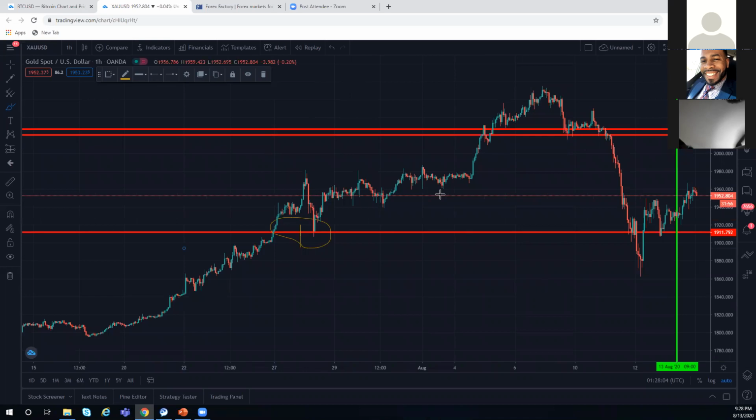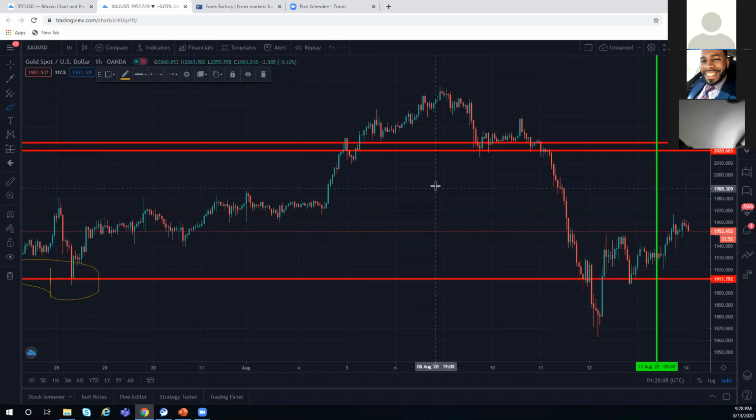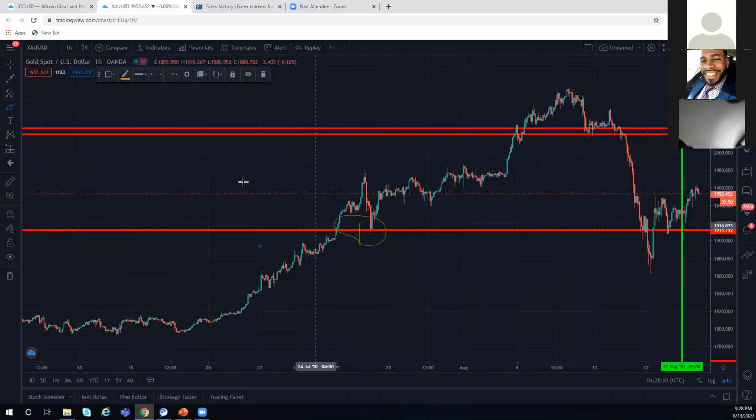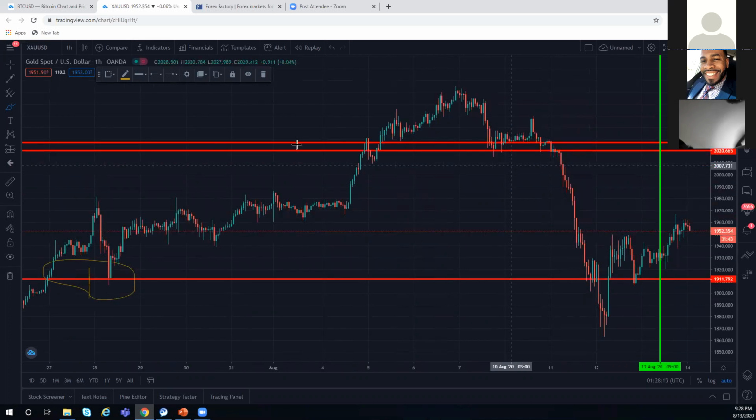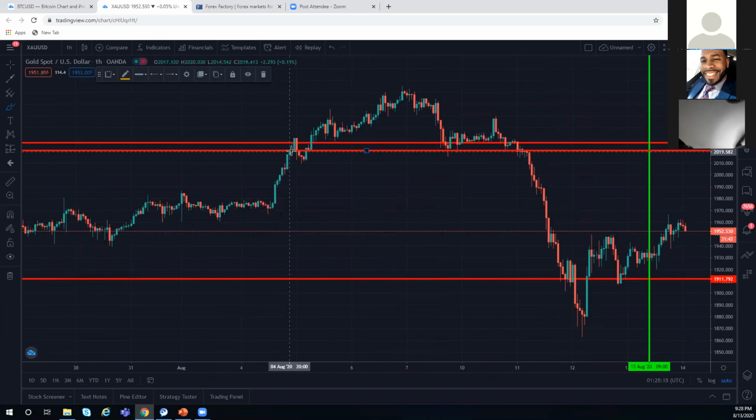Cool. All right, so basically, as y'all can see, boom, y'all can already kind of see I already created a zone right here. And why I created that zone, you guys can see the test of those levels, right? We see the breakthrough, we see it become a ceiling, right? We see it become a floor, and we see the touches, right?